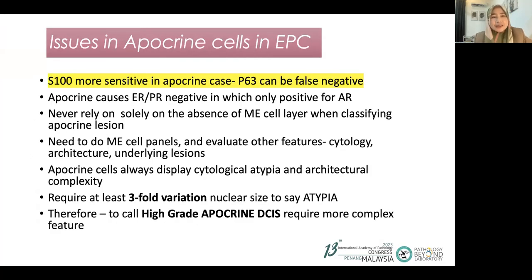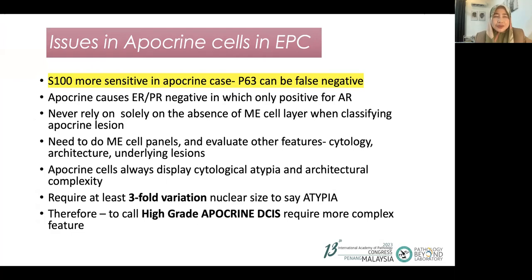I just want to highlight some issues with apocrine cells in EPC. For example, in this case, S100 is usually more sensitive in apocrine cases. P63 can also be negative. Apocrine cases are ER/PR negative, only positive for androgen receptor. We never rely solely on the absence of a myoepithelial cell layer when classifying apocrine lesions.